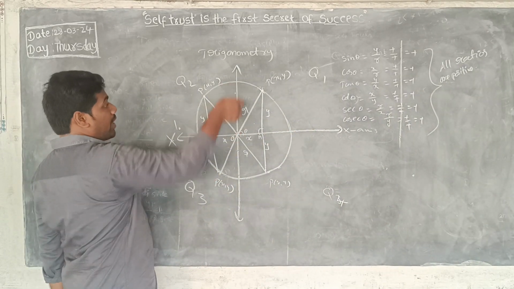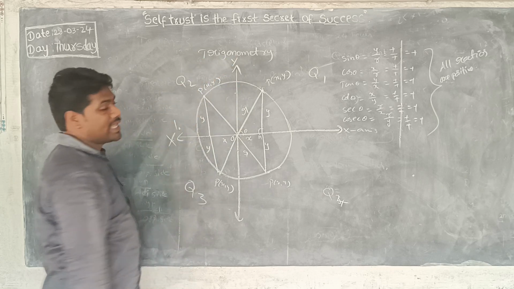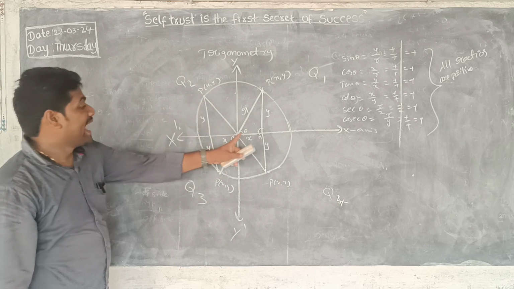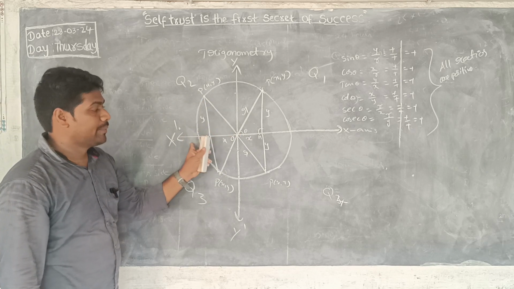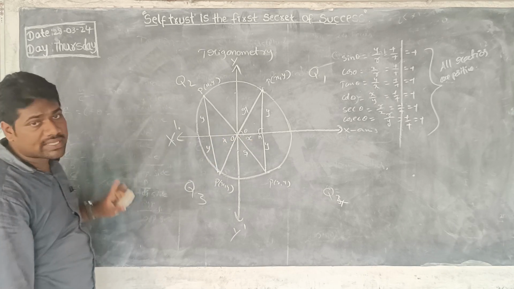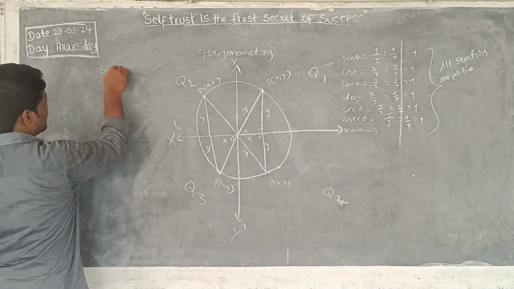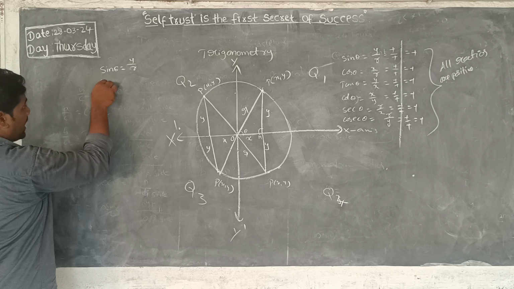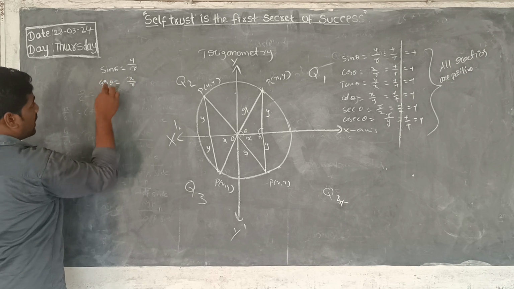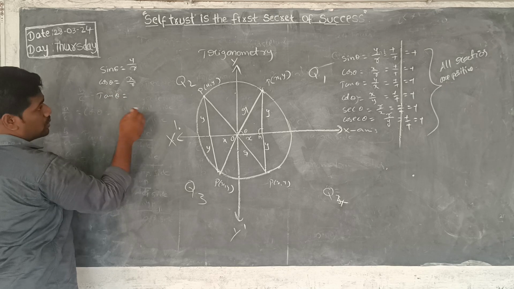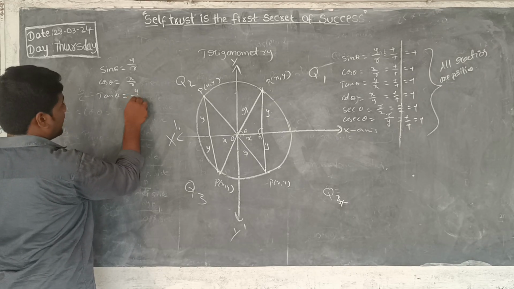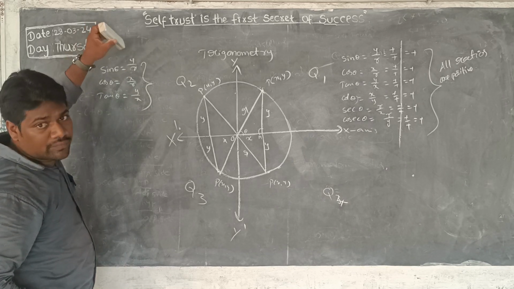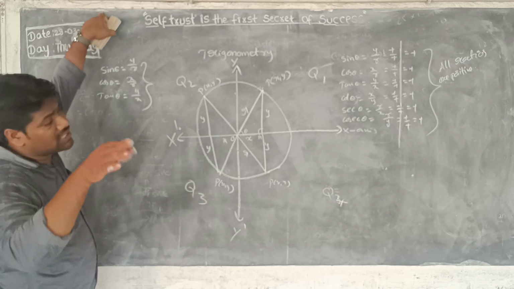If we come to the second quadrant, in the second quadrant, OY is positive, OY dash is negative. So in this, Y is only the positive. X values, this is the left hand side of X axis. Left hand side of X axis is negative. So now sin theta is equal to Y by R, and cos theta is equal to X by R. Tan theta is equal to Y by X. If we see these three ratios, if sin theta is positive, the reciprocal is also positive.